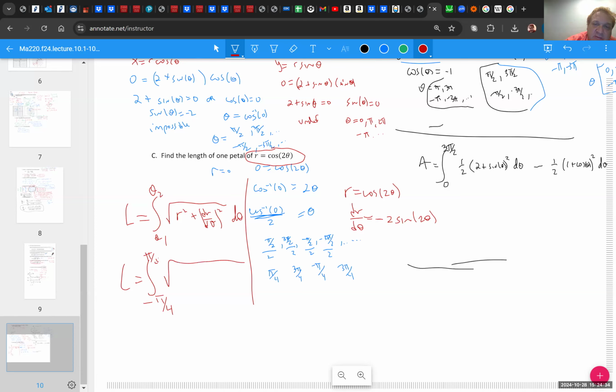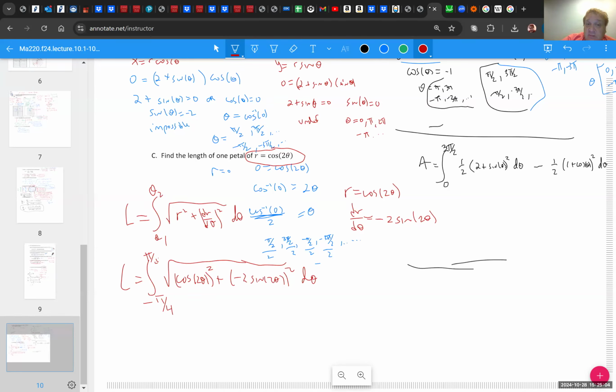Square root of r squared, which is cosine 2 theta squared, plus dr d theta. What is dr d theta? Oh, it's negative 2 sine 2 theta. So negative 2 sine 2 theta squared, d theta.